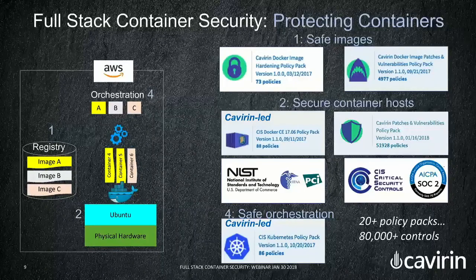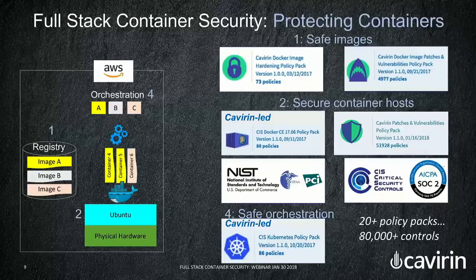Generally, the idea there is that if you're going top-down, as it relates to safe images, there are actually 2 policy packs that you can apply. The first one is essentially making sure that your Docker images that you're consuming are themselves safe. That's the Cavirin Docker image hardening policy pack that you see on the top left corner.